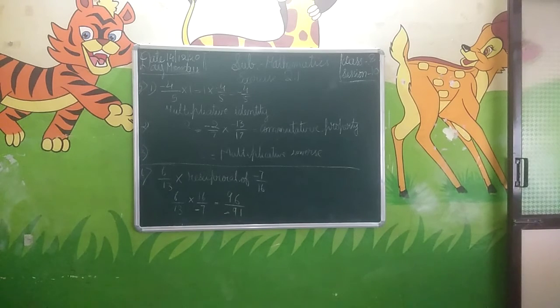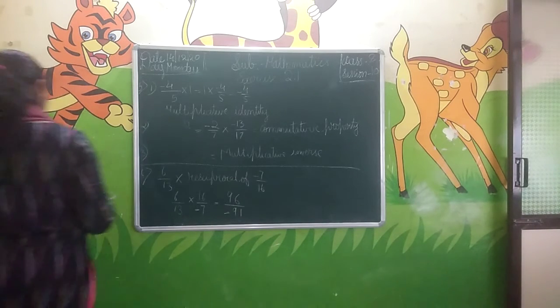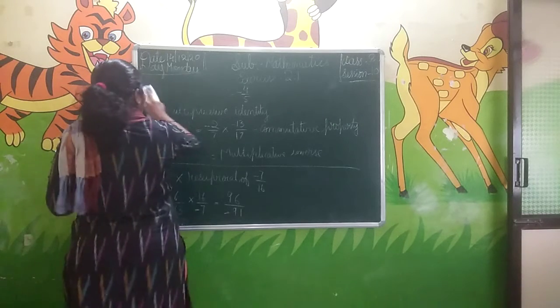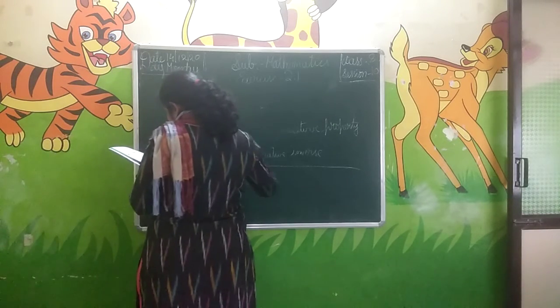Students, when you read this, tell what property allows you to compute 1 by 3 into 6 into 4 by 3 as 1 by 3 into 6 into 4 by 3.